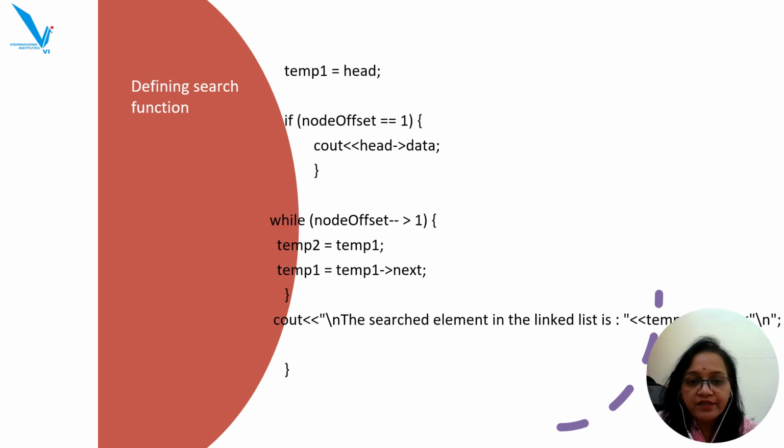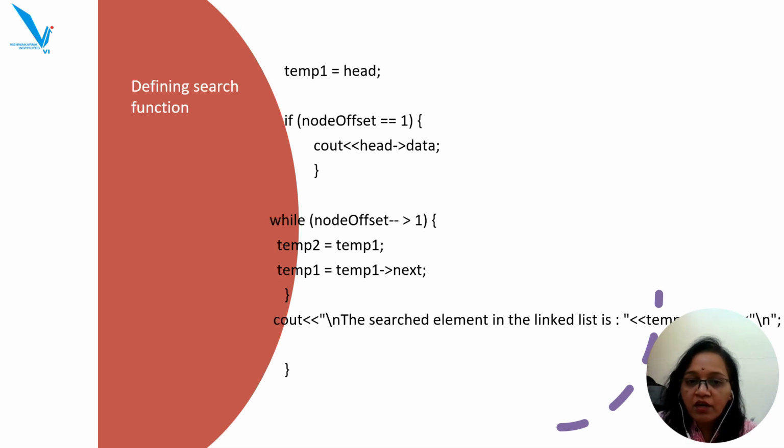Next, suppose your element exists in the list. Your list is of, say, 5 elements and you want to search the element at the second position, first position, third position, fourth position and so on. Suppose your position is 1. See one thing: I have assigned temp1, that is the current pointer, to head. And then if node offset is equal to 1, see out head of data.